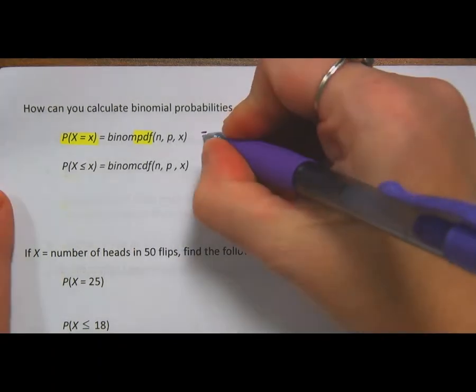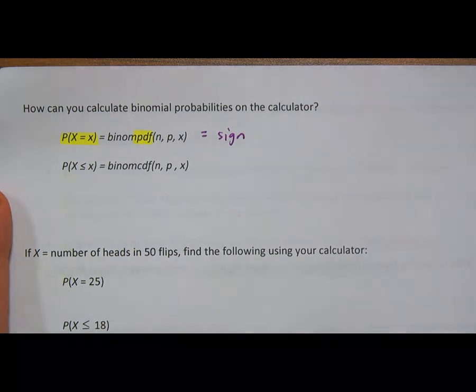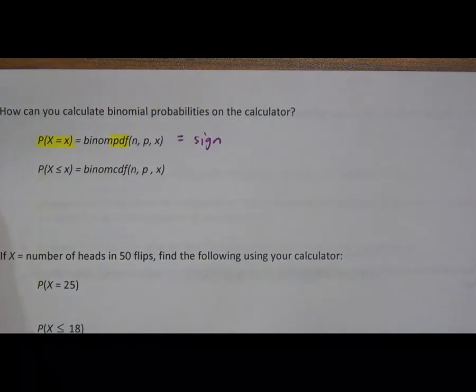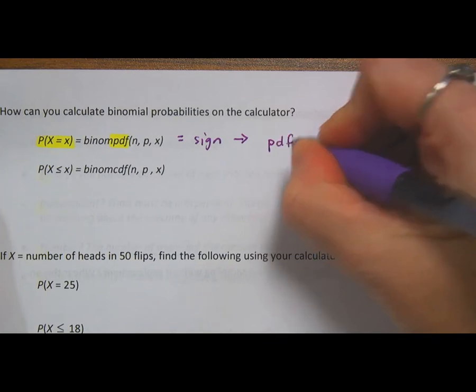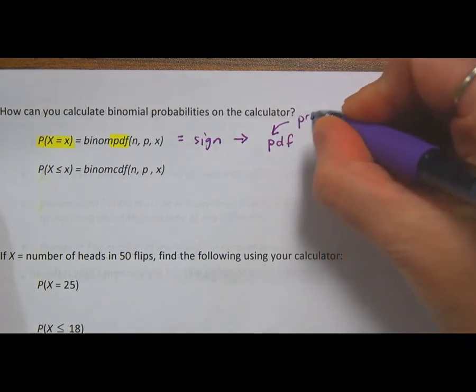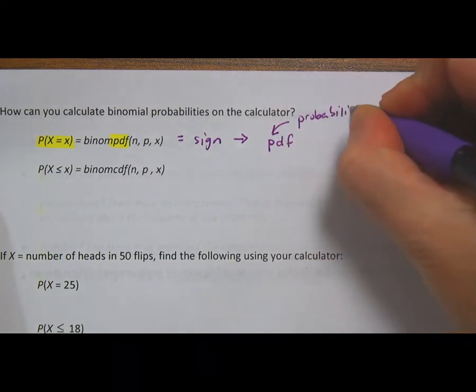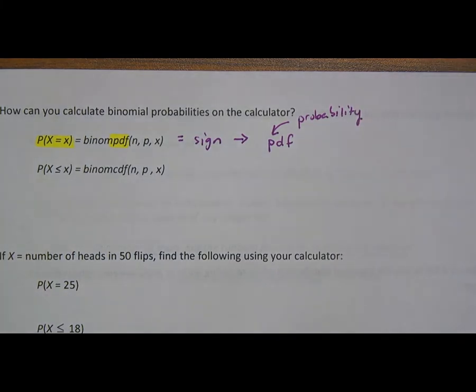If you see an equal sign, or you write it in such a way that there is an equal sign based on the question, then you're going to use binomial PDF. Know that the P stands for probability, which means one single probability, an exact probability.